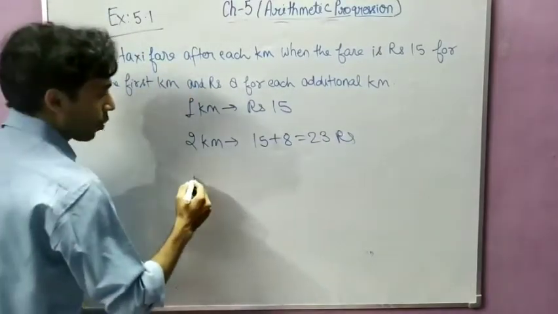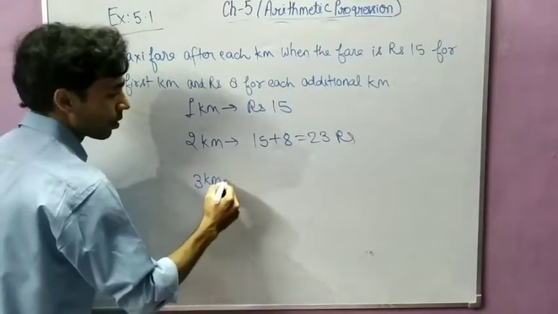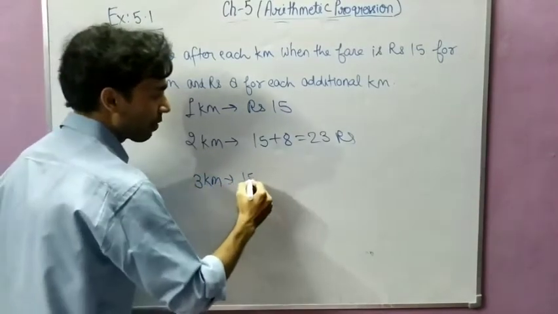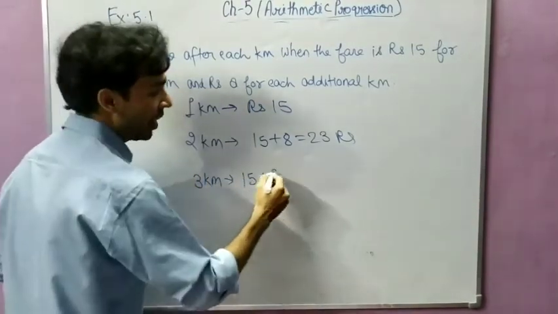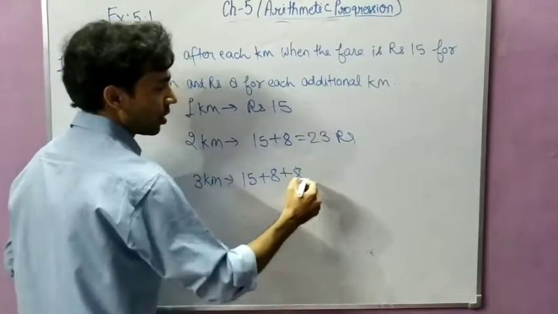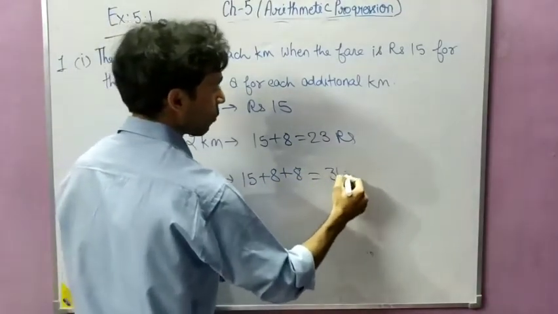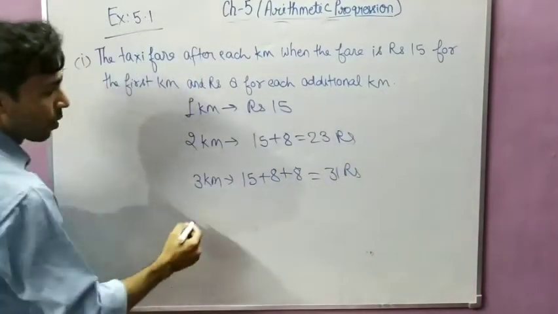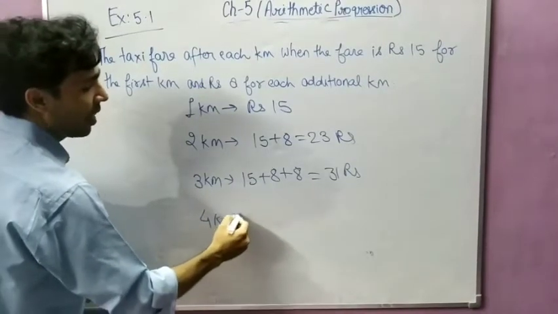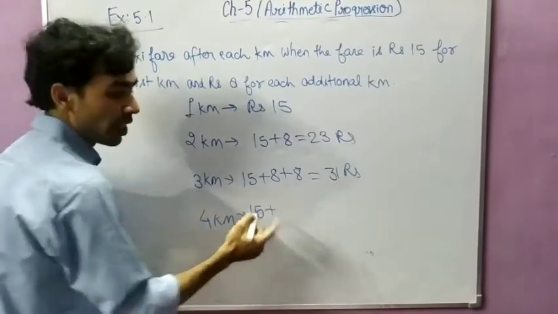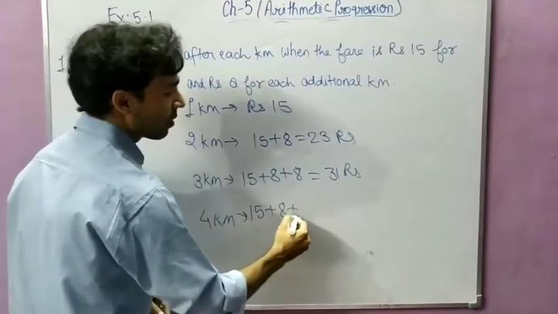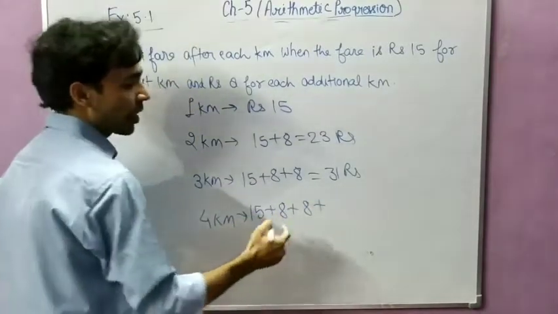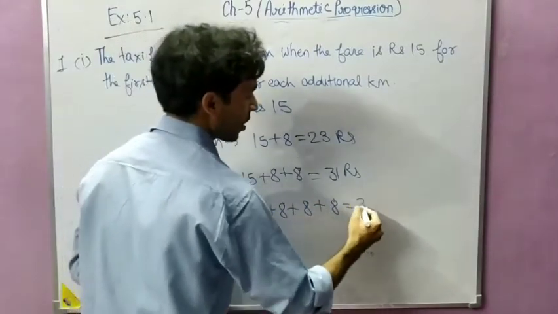Now for 3 kilometers, for the first kilometer it will take 15, then the second kilometer is 8, then the third kilometer is also 8, so it is 31 rupees. Now for 4 kilometers, again for the first kilometer 15, then for the second 8, third 8, and again 8, so it means 39 rupees.